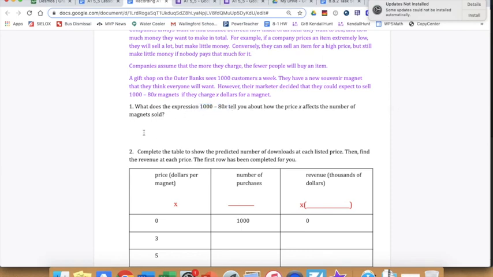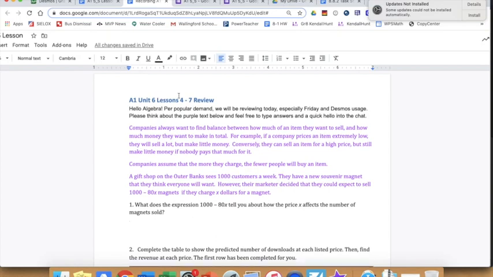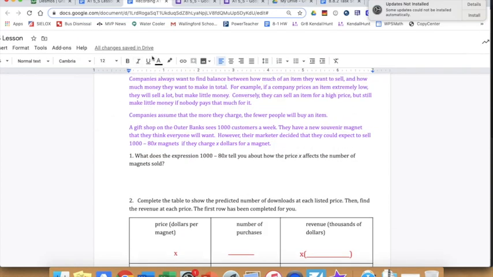So we want to think about what this expression tells us. I've been giving this expression, but what does it actually mean? Think about it like slope-intercept form. That 1,000 is like the y-intercept.